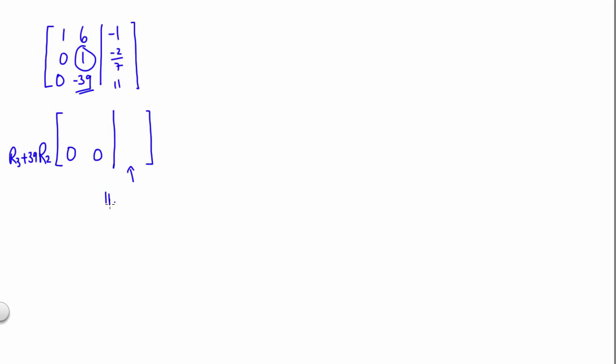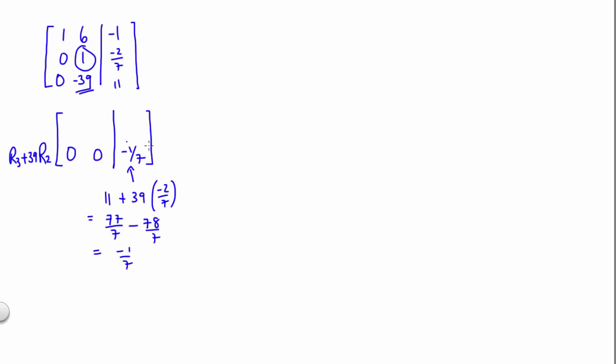We're going to take 11, and add on 39 times minus 2 over 7. If we create a common denominator, we've got 77 over 7 plus, well this is really minus 78 over 7, so that's minus 1 over 7. So that entry is going to go in here.